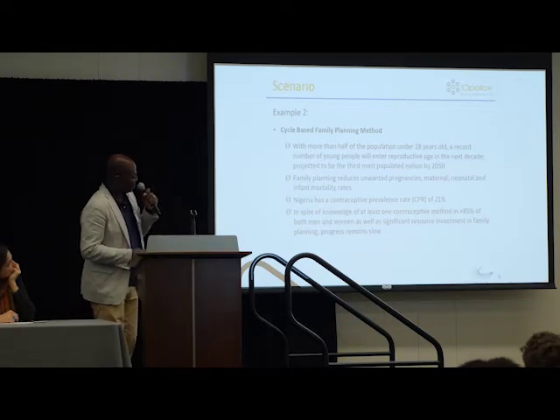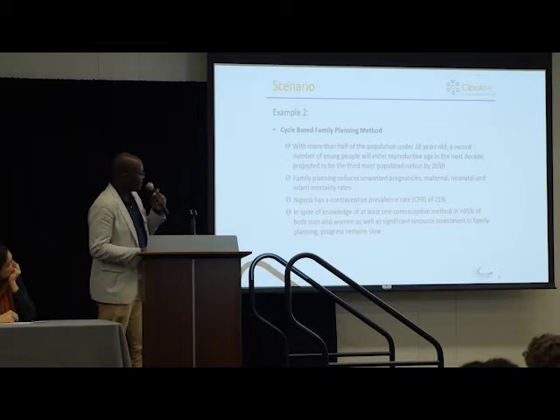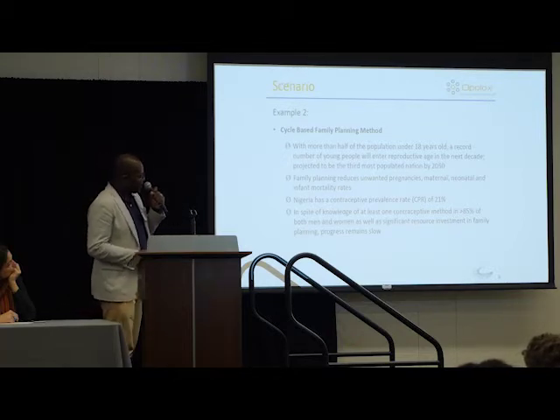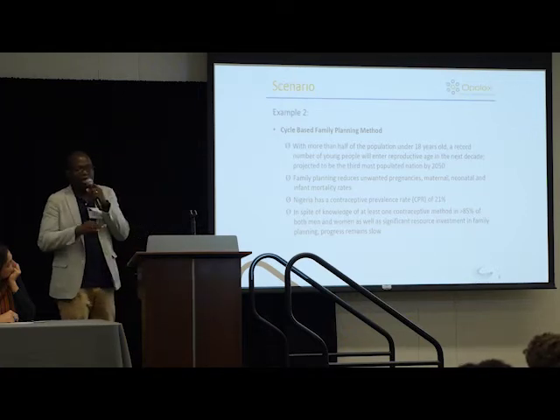Family planning reduces unwanted pregnancies, and maternal, neonatal, as well as infant mortality rates. From a contraceptive prevalence rate (CPR) perspective, Nigeria is at 21%. The average for lower income, or least developed countries, is 40%. For lower to middle income, it is around 60%. And Nigeria is way below that.